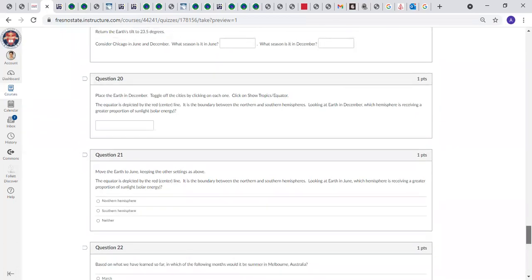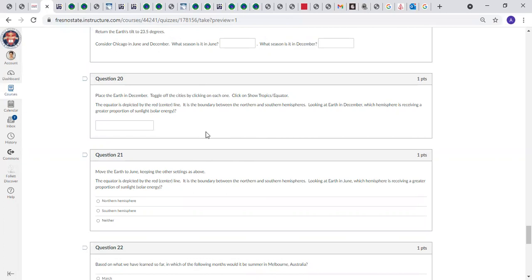And then you're going to look at the Earth. So there's going to be a setting where you can show the equator and you can show the different boundaries. You're mainly going to focus on the equator. And then once you pretty much see the equator, you're going to see a shaded area and then a lit up area.